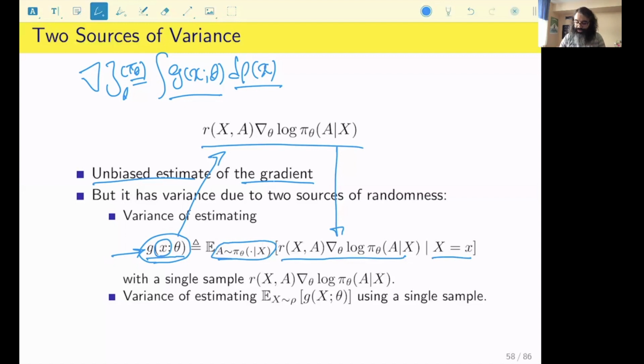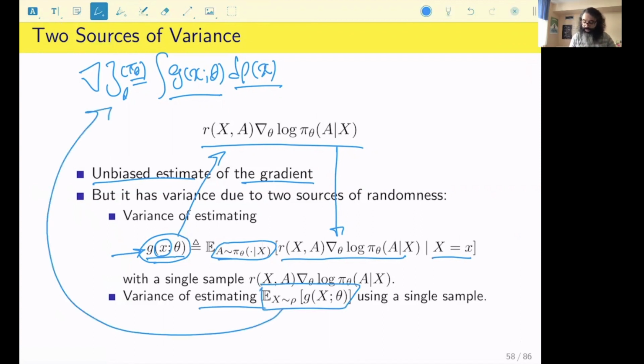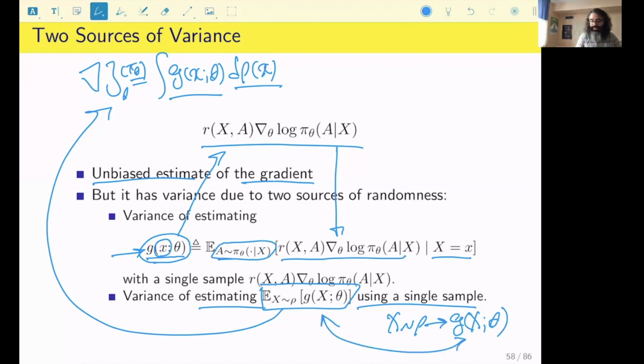The other source is the variance of estimating the policy gradient using a single sample over state x. I have only one x coming from rho, and then I'm forming g of x and theta. So this has some variance compared to its expectation. That would be another source of the variance.